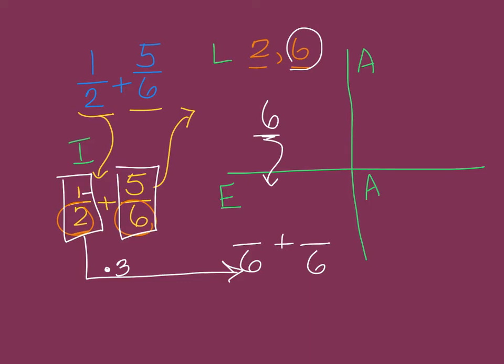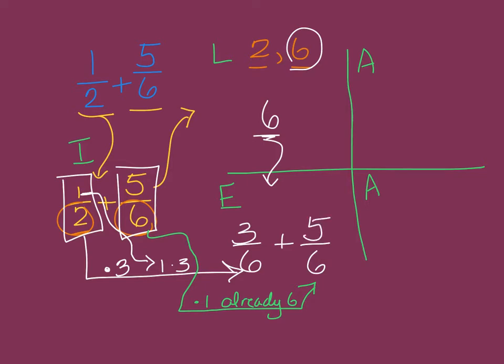Therefore, I take my numerator, which gets multiplied by 3. 1 times 3 is 3. Now, more than likely you could have done that in your head, but we want to make sure that we see each and every one of these steps to make it very, very clear. This one, to get from 6 to 6, it's times 1, or we know that it's already 6. So I'm just going to simply leave that numerator the same and bring over the 5.